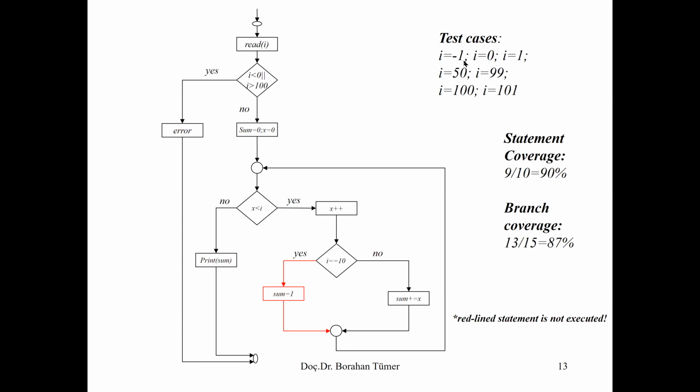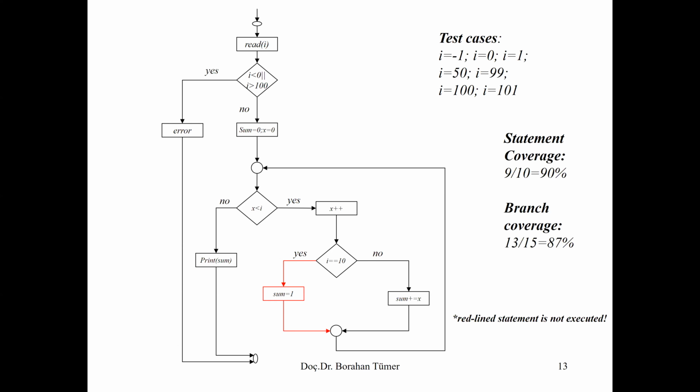Okay, -1 covers through this execution path this one, this edge, this edge, this edge, and this edge. And all others, 0, 2, 0 also cover these edges, all right? And 1, 50, 99, and 100, these cover all other edges here, except these two edges.